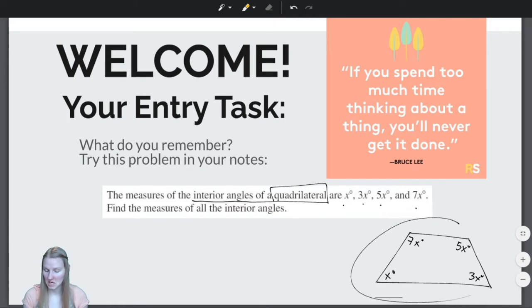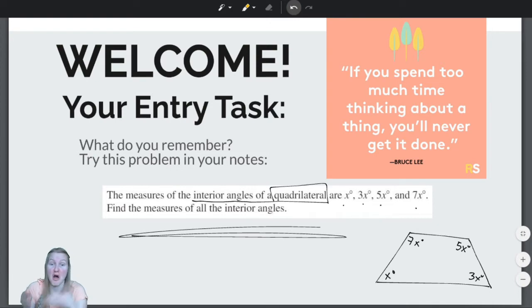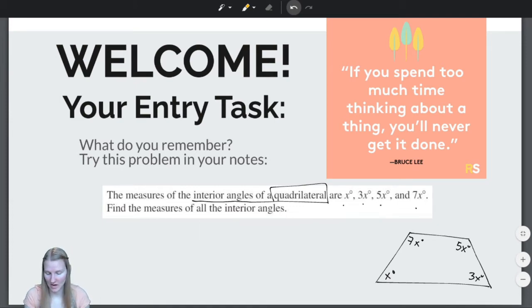This is not an accurate drawing at all. The x angle should probably be smaller, and the 7x should be 7 times as big as the x angle, but that's not really important. I don't need to draw it to scale. The question didn't ask me to draw a perfect quadrilateral with these measurements. It just said to find the measures of all of the interior angles.